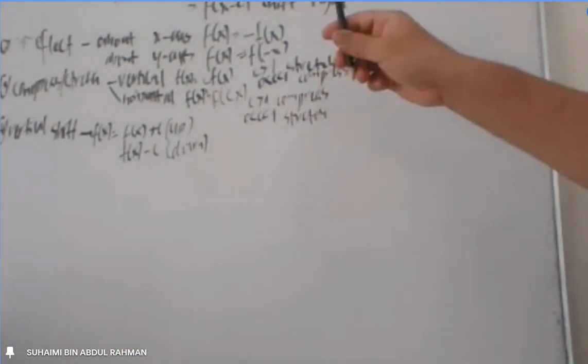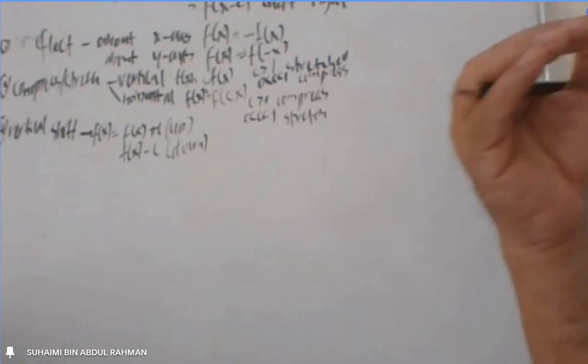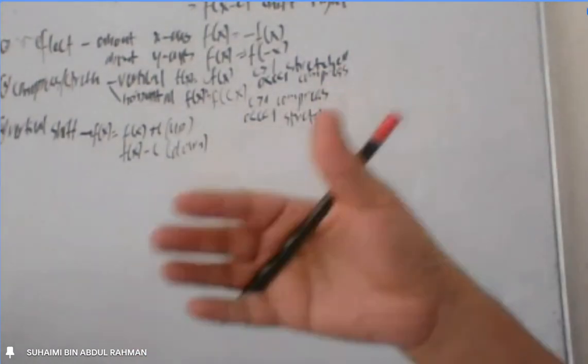So what is important when we look at what function we want to sketch for transformation is to determine what our basic function is, the one we want to start with.